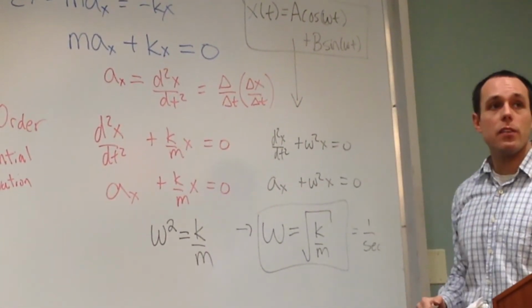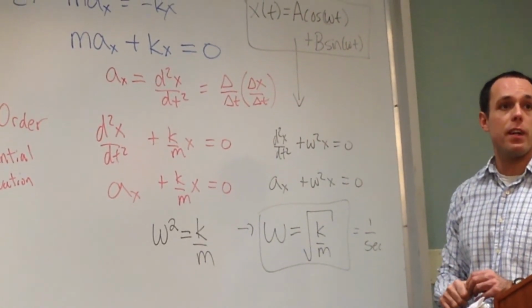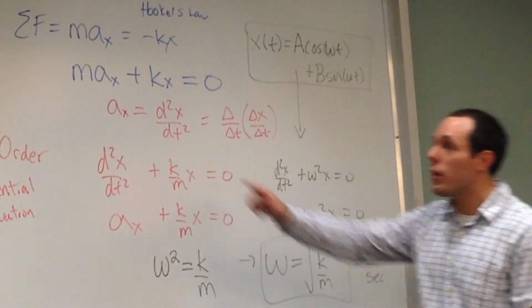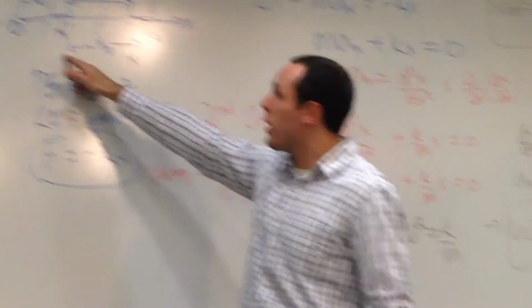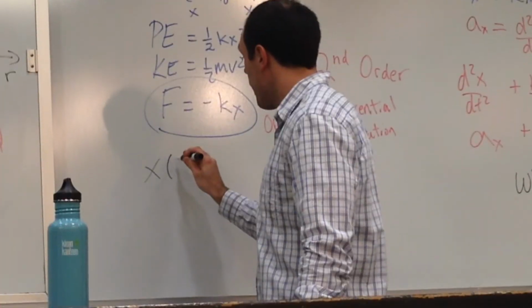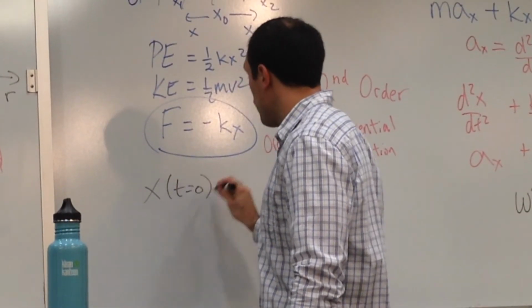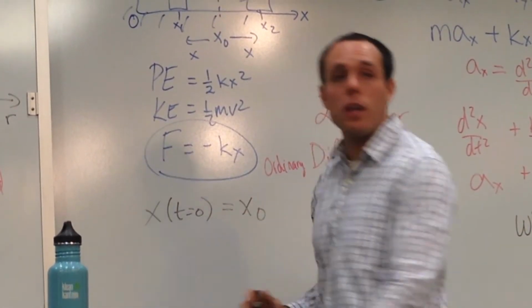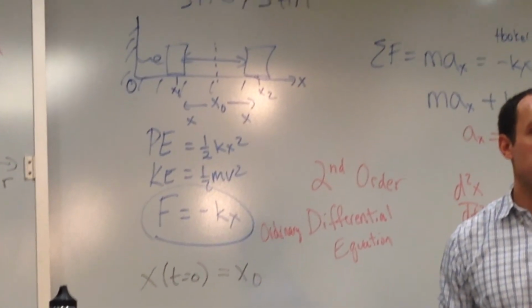What this is basically saying is you have to depend upon initial conditions. So if I give you the position, I say at time equals 0, let's say I do this. This will be the last thing. When time equals 0, the position is at its equilibrium position, x of 0.